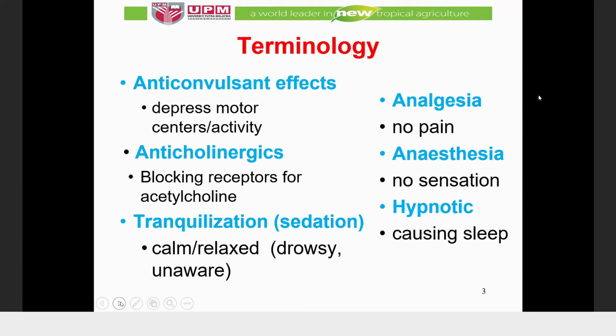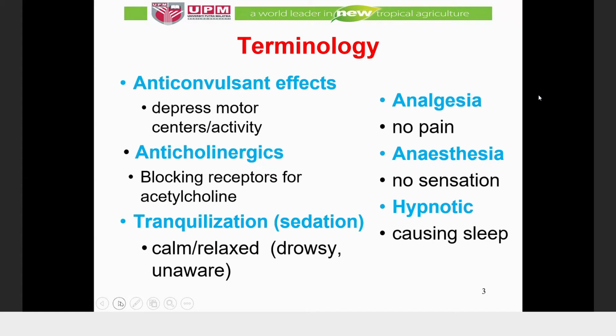This is a little bit of terminology about the drugs. Anticonvulsant effect of the drugs which depress the motor or central activity. Then we will come across anticholinergics during this anesthetic lecture, which are the drugs which block receptors for acetylcholine.